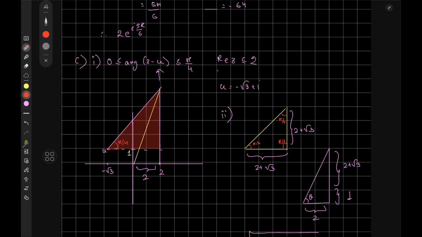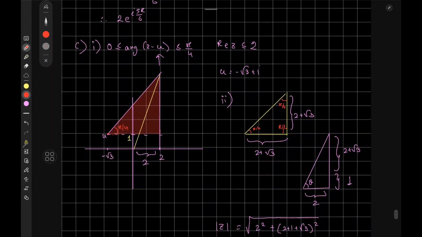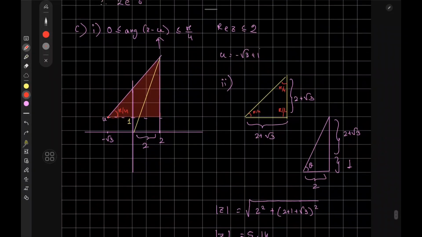But they've also given another inequality, where they're saying the real part of z is supposed to be always less than 2. So if z equals x plus iy, this x value is supposed to be always less than or equal to 2. So you draw a line x equals 2 over here and shade the region less than this, which is this entire area.